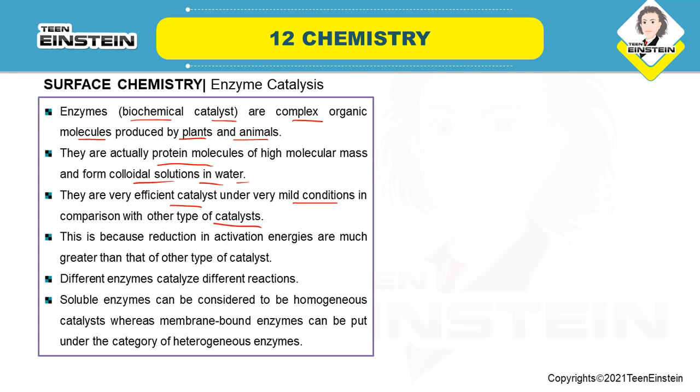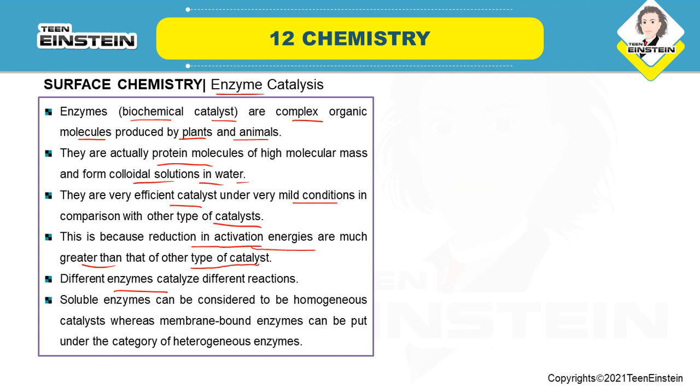We have already seen why a catalyst increases the rate of the reaction: it decreases the activation energy. The more the decrease in activation energy, the higher the reaction rate. If you compare enzyme catalysts and other types of catalyst, other catalysts also decrease the activation energy, but for enzymes the reduction in activation energy is very high.